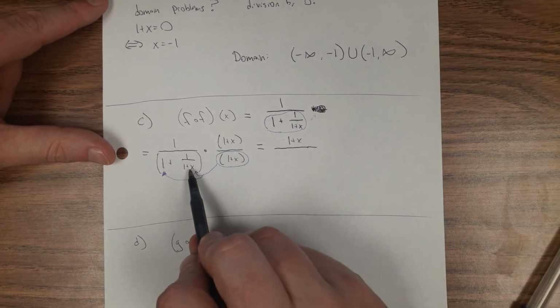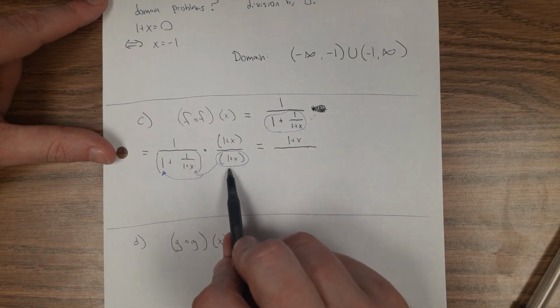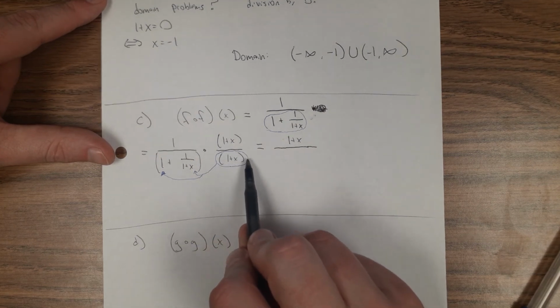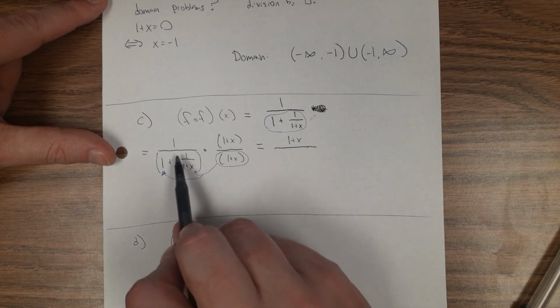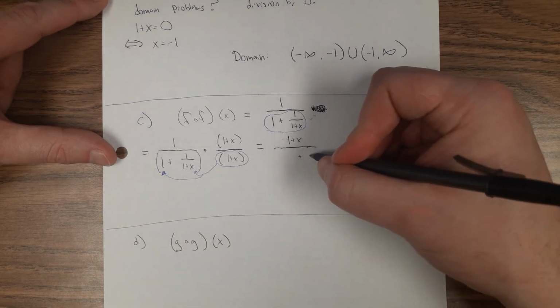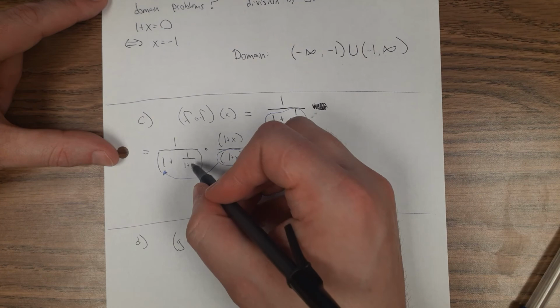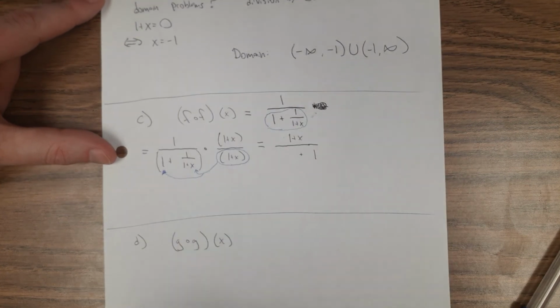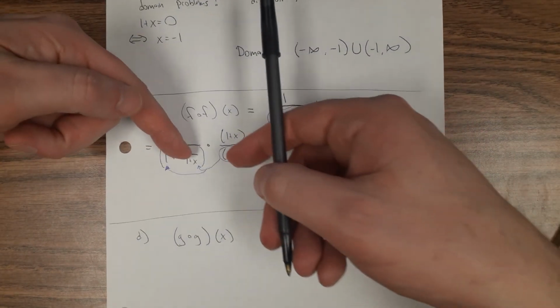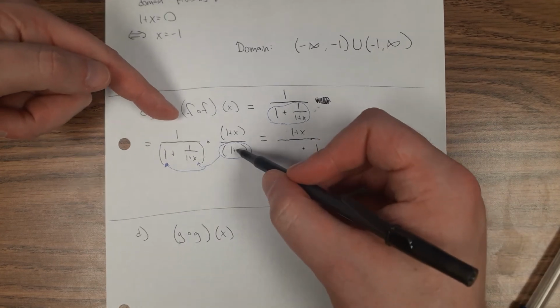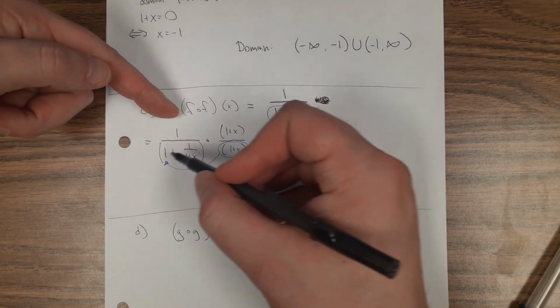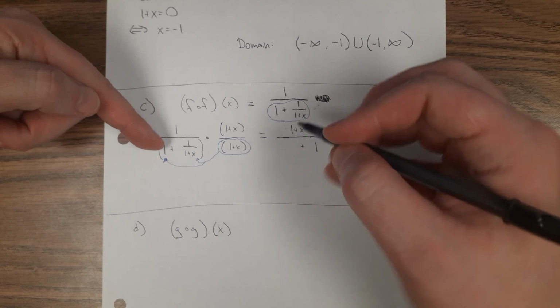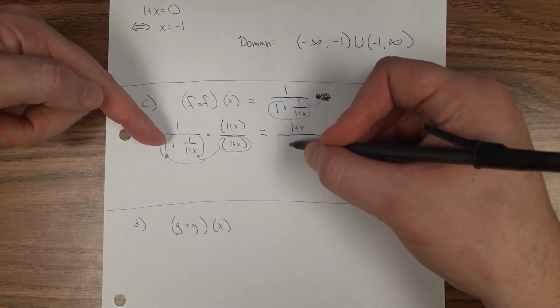Of course, there is some cancellation, and that's the point of this. That's why we're doing this. When I do this part times this part, 1 plus x cancels with 1 plus x, and I just get the 1. However, I still have to distribute this to this, and so I'm not going to get a 1 here.